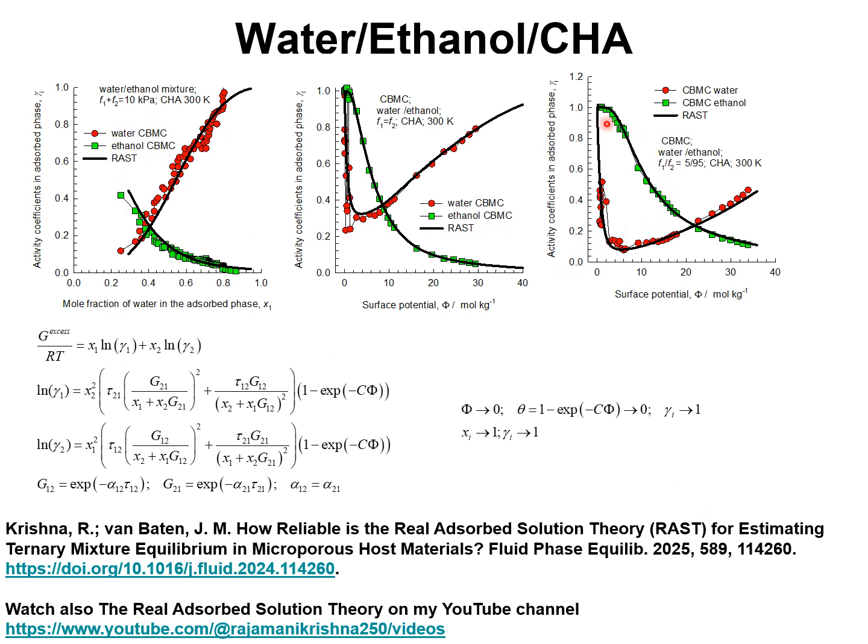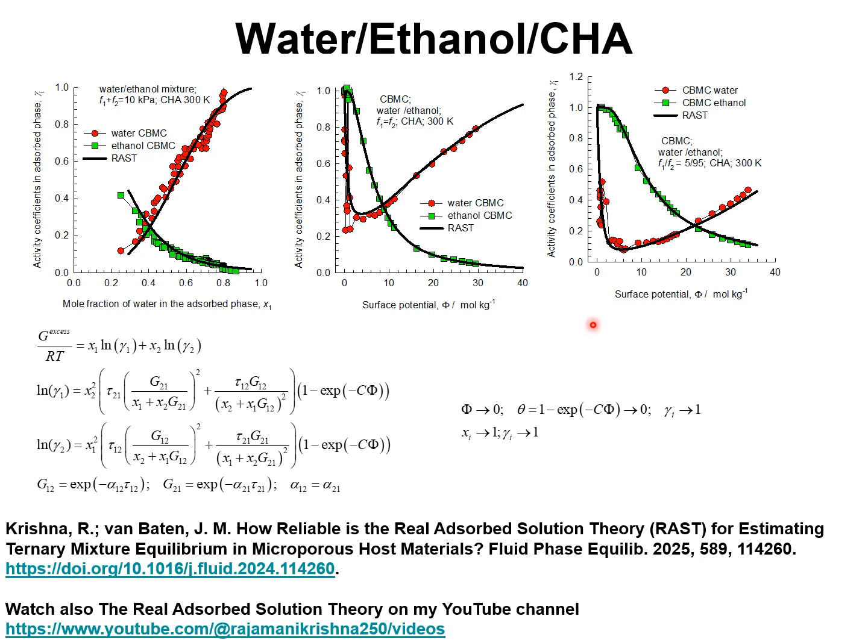Here is a different set of CBMC data for water-ethanol mixtures in which the bulk phase composition is maintained at a mole fraction of 0.05 for water and 0.95 for ethanol in the bulk phase.